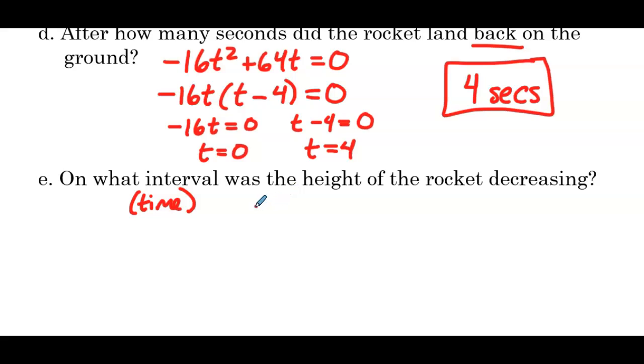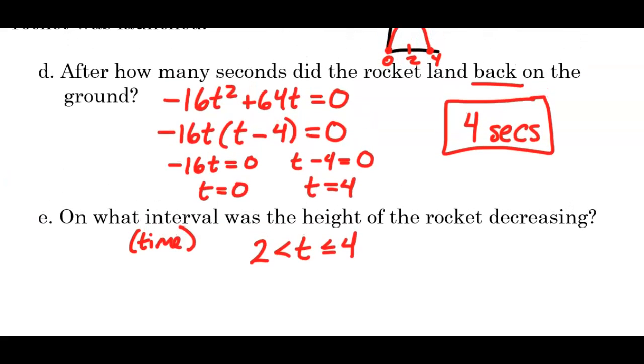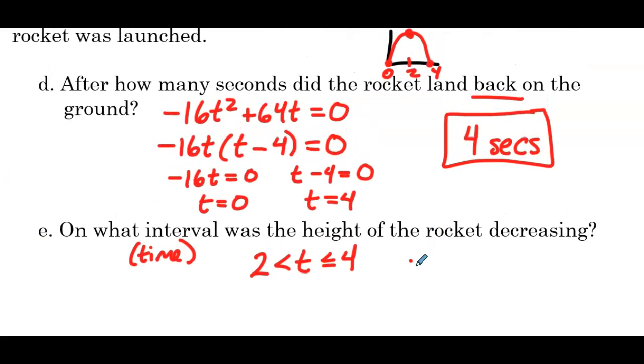So we'll say from 2 is less than t, which is less than or equal to 4. We could also say 2 is less than or equal to t. Both would be acceptable answers here. So 2 is less than or equal to t, which is less than or equal to 4.